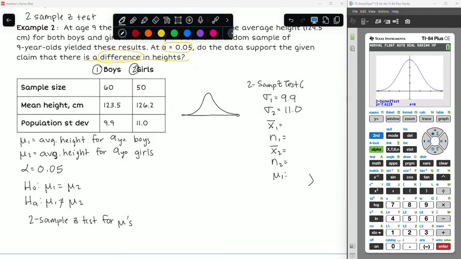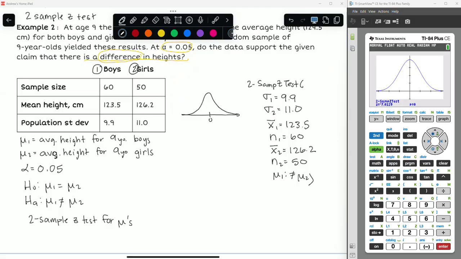For group 1, we have a sample mean of 123.5 and a sample size of 60. For group 2, we have a sample mean of 126.2 and a sample size of 50, and we're testing for a difference. So this is a not equal to. I got a little lazy and forgot to label those. Sorry about that.